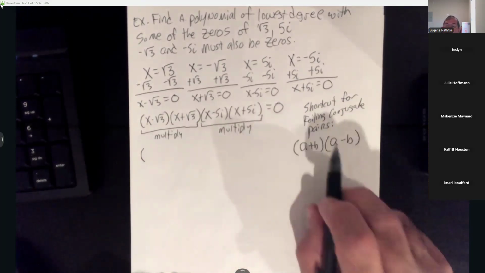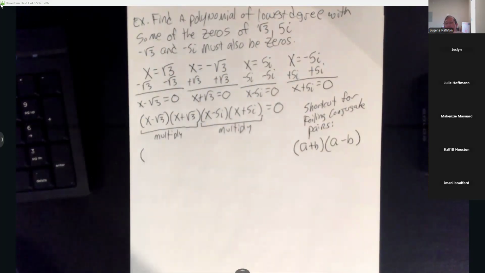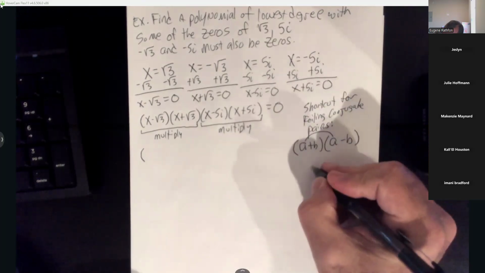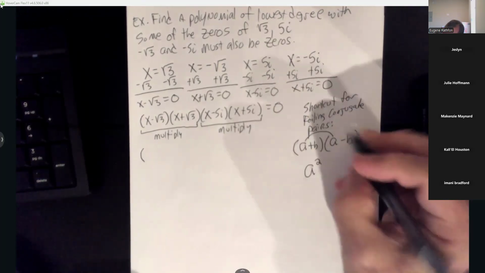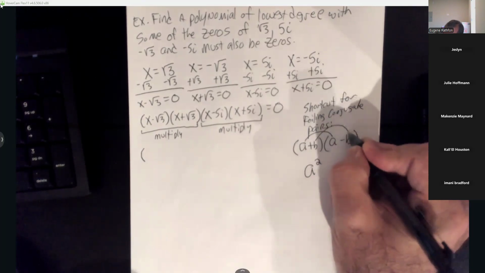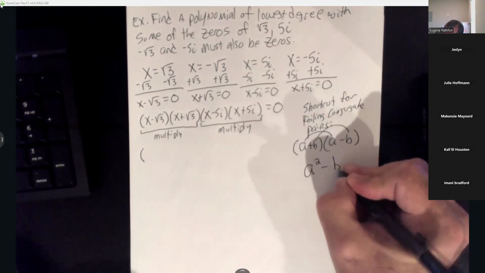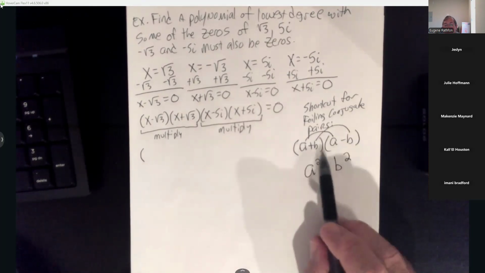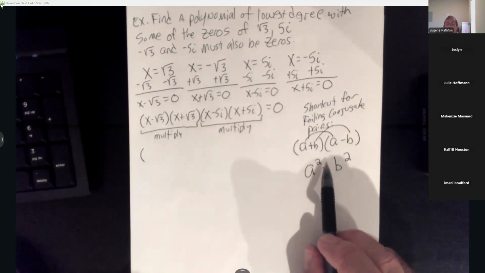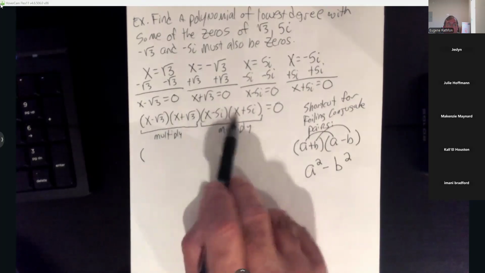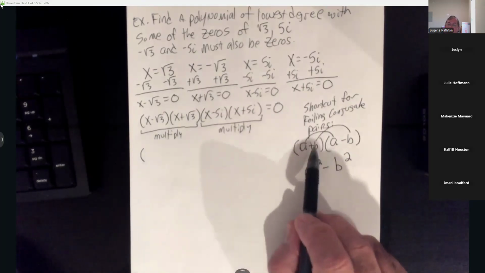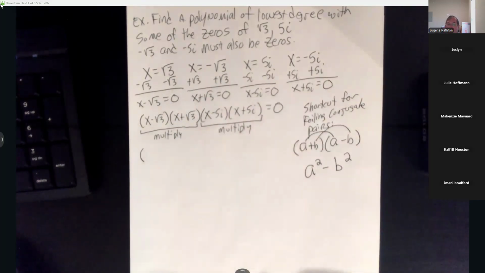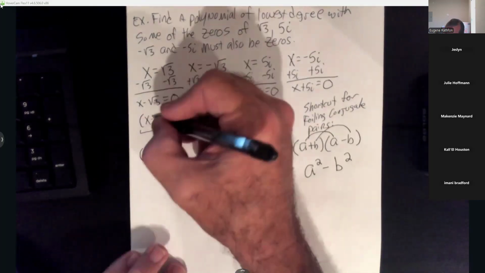I'm going to do the shortcut because those middle two terms always cancel. So we can multiply A times A and get an A squared, and then B times negative B gives me a negative B squared. So we can multiply the first two terms and the last two terms if they're conjugate pairs like these both are, because this BA in the middle cancels with that negative BA every time. So y'all, let's shortcut these.